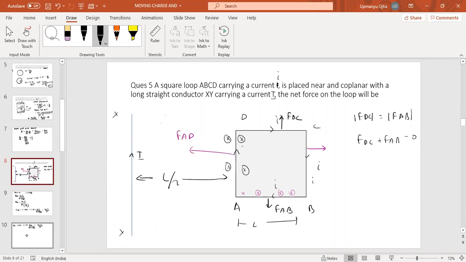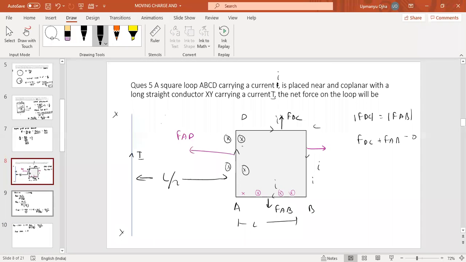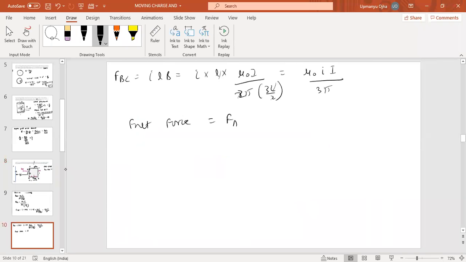So the net force is FAD minus FBC. So that is mu naught I by pi minus mu naught I by 3 pi.